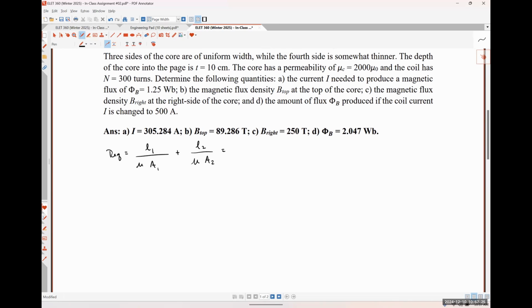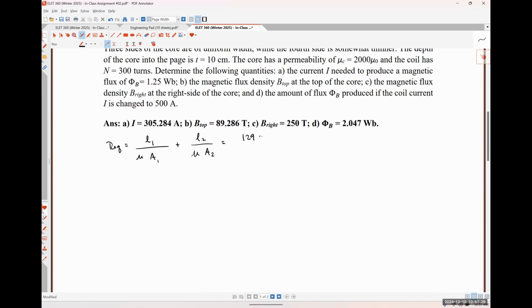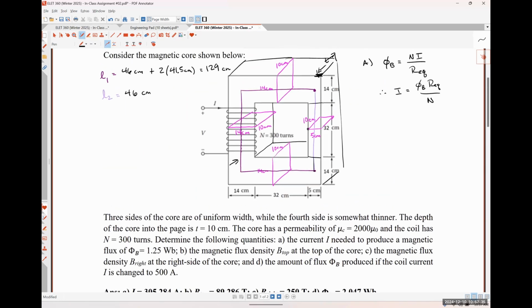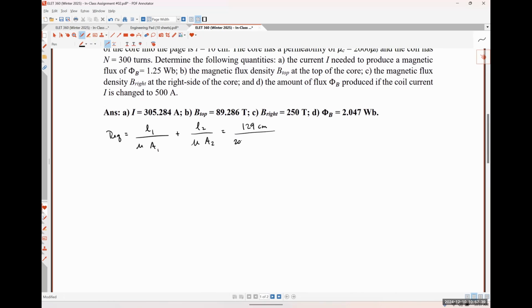So L1 was 129 centimeters. Mu was 2000 mu naught, if I'm remembering correctly. Yep. So that's going to be 2000 times 4 pi times 10 to the minus 9 henries per centimeter.